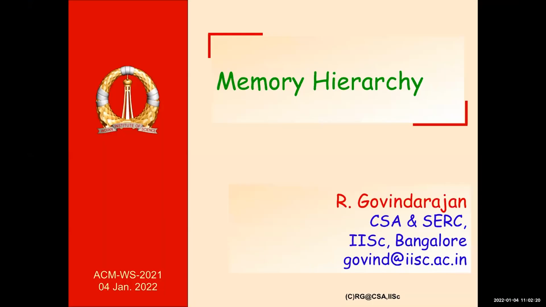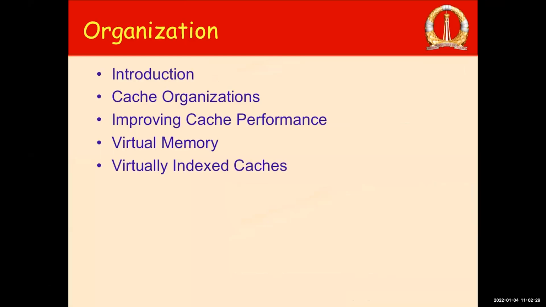Okay, are you able to see the new set of slides now on memory hierarchy? Yes. Okay, so let's see what's the agenda here. We'll again give a very quick introduction to memory and then get on to cache organizations, most of which you would have seen in your undergraduate program, so I'm only going to do a quick review of that. Then we'll talk about how to improve cache performance.